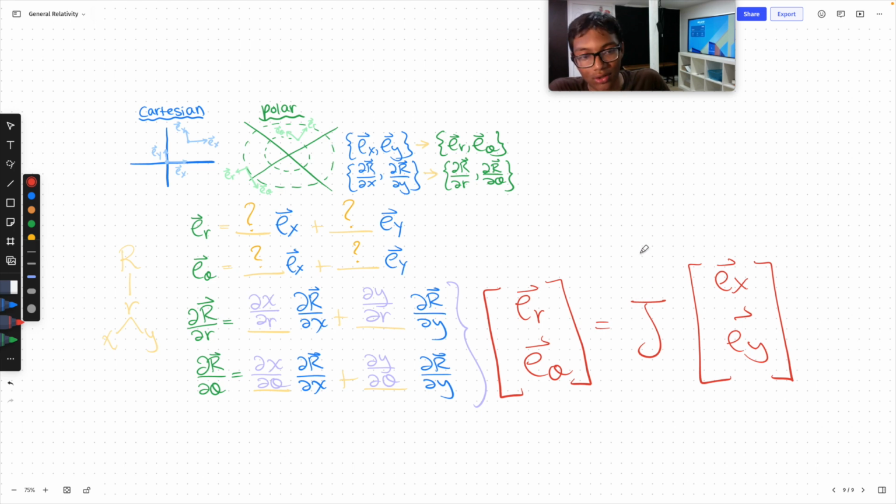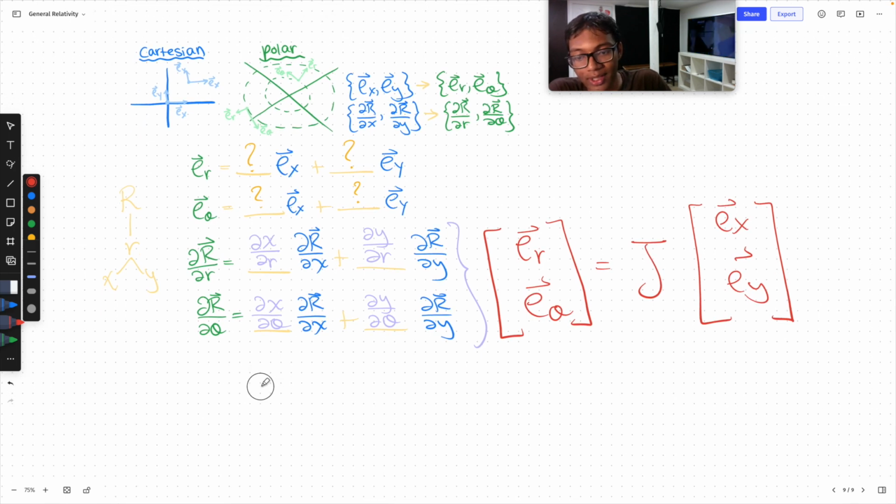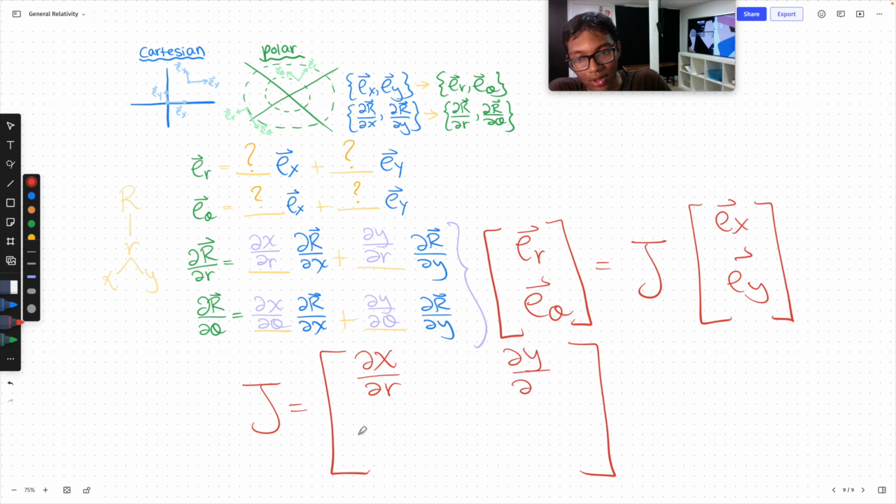The Jacobian matrix is made out of these scaling coefficients that you see right here. These purple coefficients are the elements of the Jacobian: partial x, partial r, partial y, partial r, partial x, partial theta, partial y, partial theta. These derivatives constitute the Jacobian, and the Jacobian takes us back and forth between the polar coordinate system and the Cartesian coordinate system.